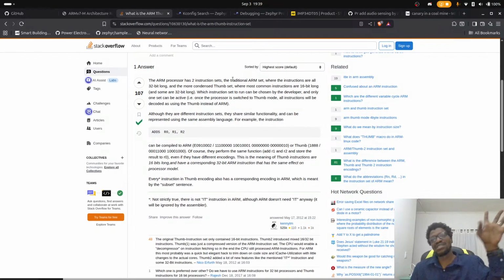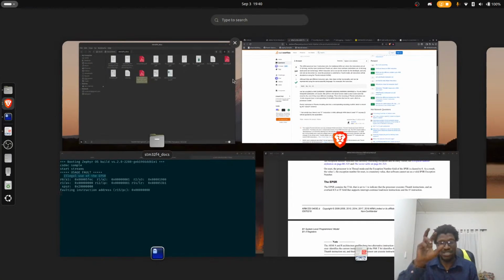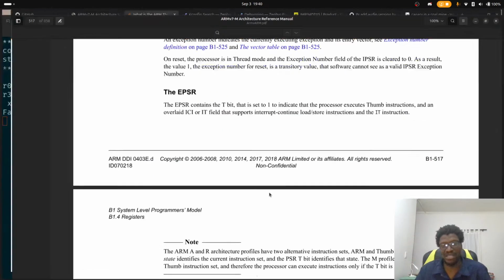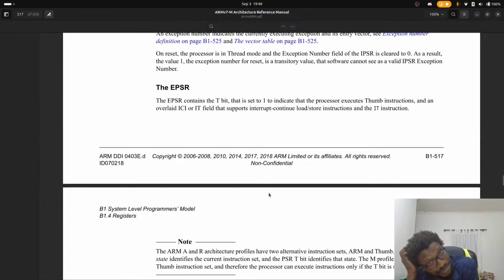Instruction sets are the assembly that you're allowed to write for your processor. You can use whichever one is applicable to the processor you're using at the moment. I think it's thumb V1 and thumb V2, something of the sort, but I'm not so sure.